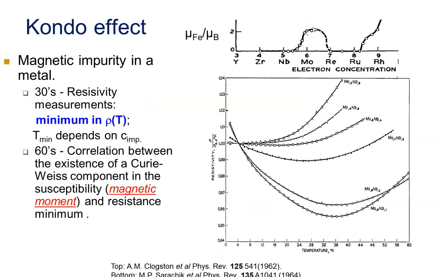One of the hallmarks of a metal is the fact that its resistivity has a well-known behavior with temperature. It essentially decreases as the temperature decreases. And why is that?